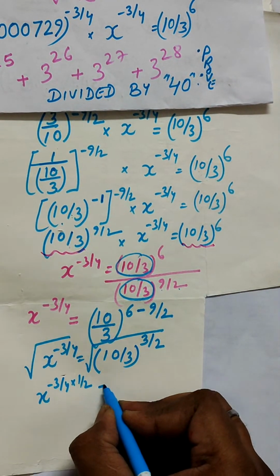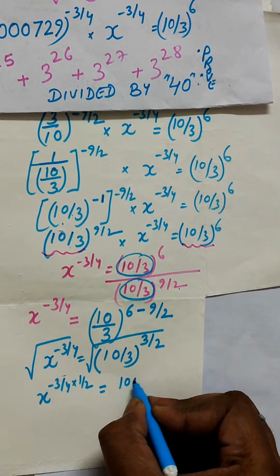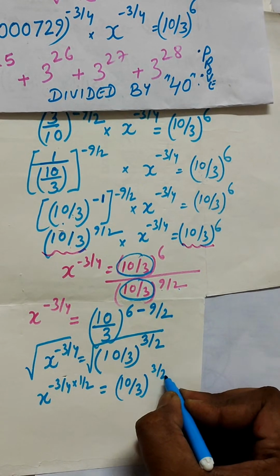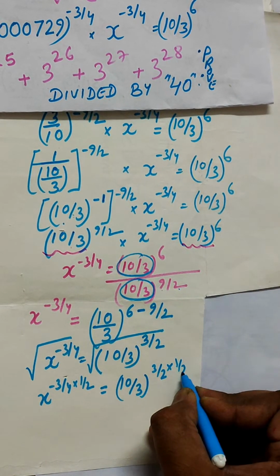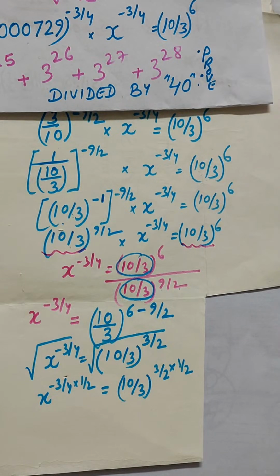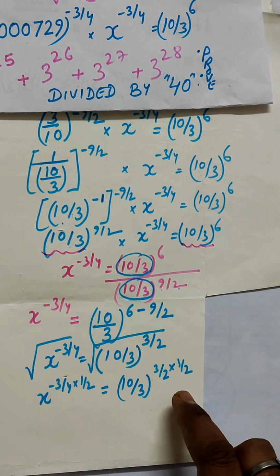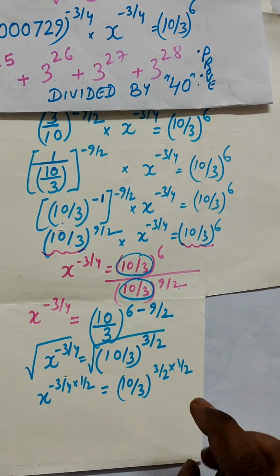And this is equal to 10 by 3 power 3 by 2 into 1 by 2, right? So in this way we have just increased 1 2 into the denominator. So does it really solve our purpose?